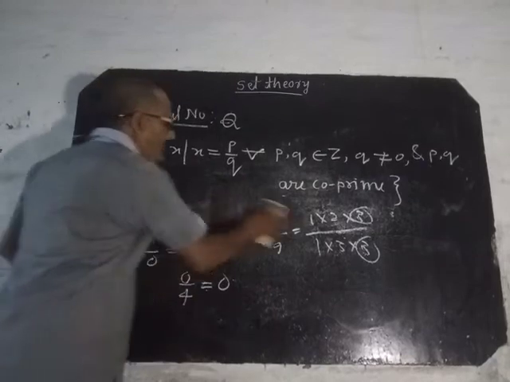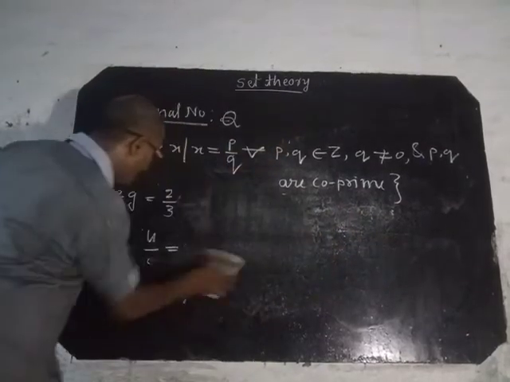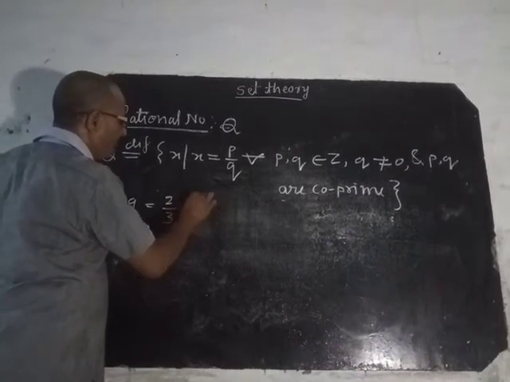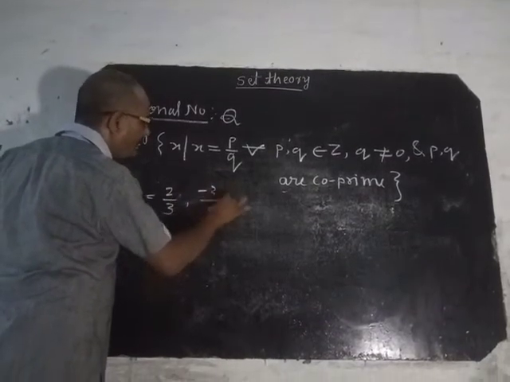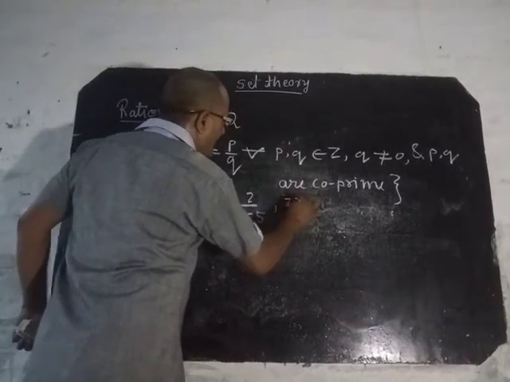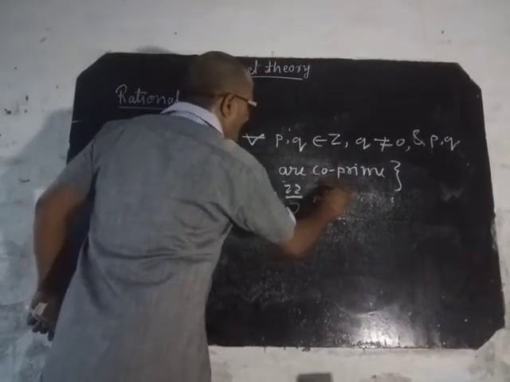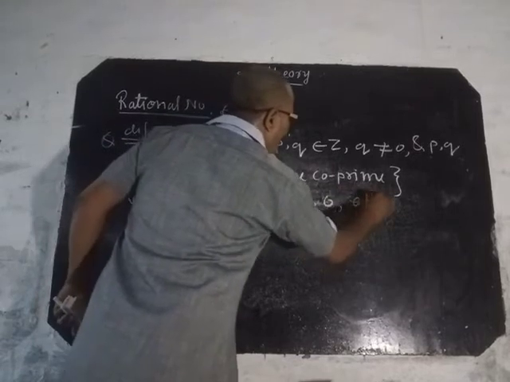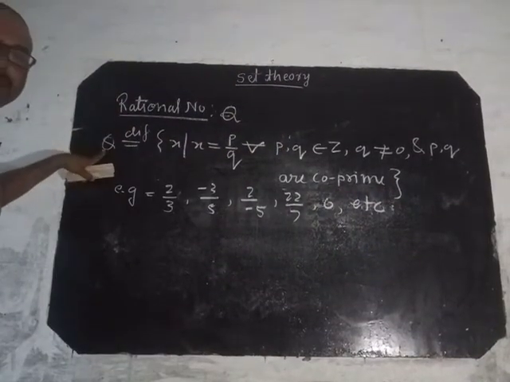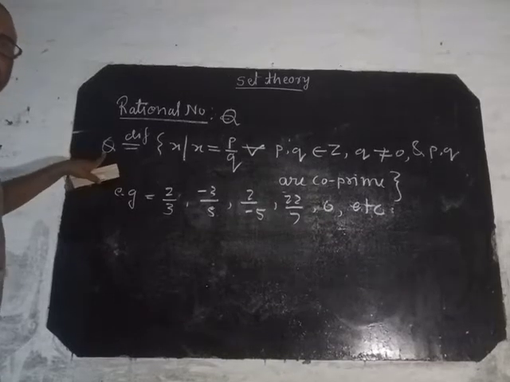Some more examples: minus 3 by 5, 2 by minus 5, 22 by 7, 0, etc. These numbers are known as rational numbers.